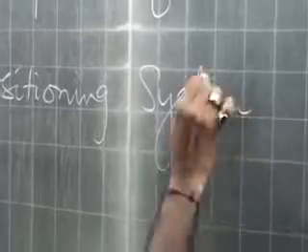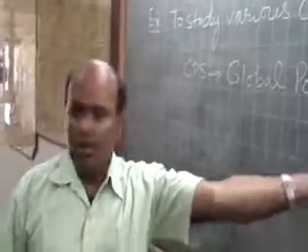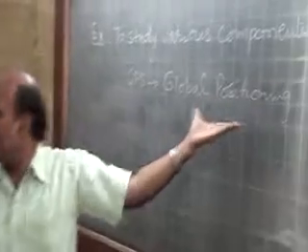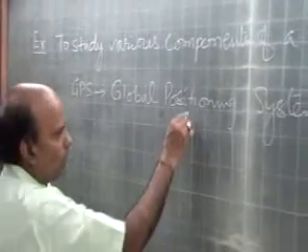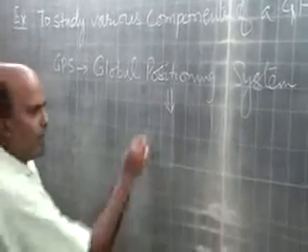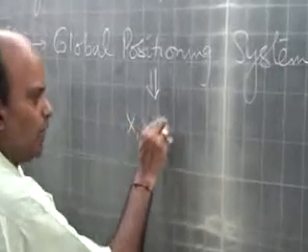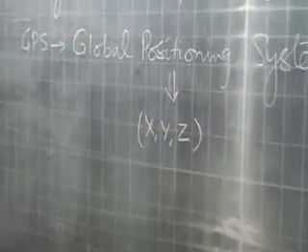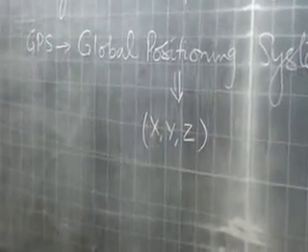So, as is clear from its name, it is a system which will give you position anywhere on the globe. What is the meaning of position? Position of a point we define by three coordinates in surveying: x, y and z.